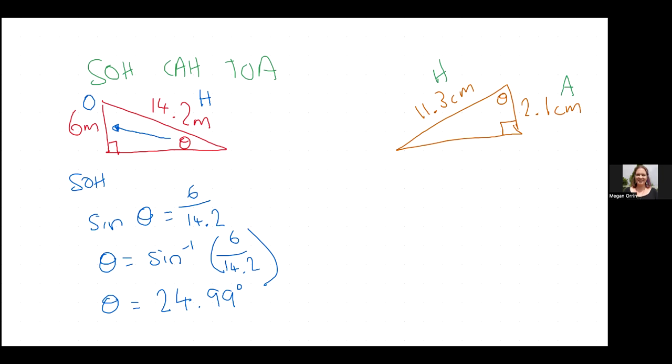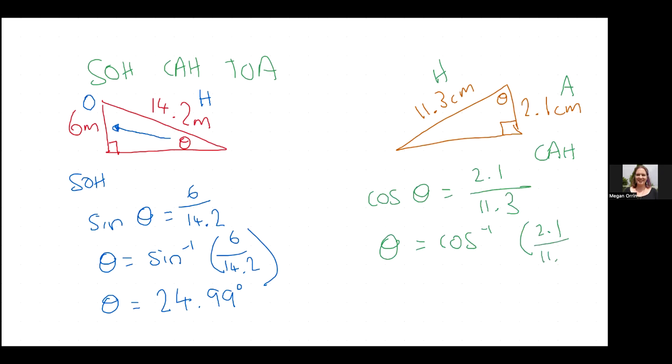I've got my cosine equation: cosine of my angle is the adjacent over the hypotenuse. How do I get theta on its own? Inverse cosine of 2.1 over 11.3. And I get 79.29.